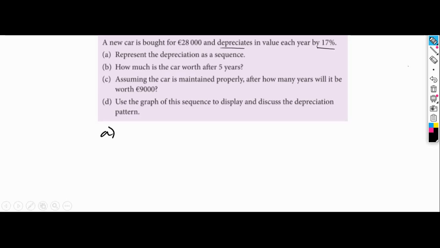Okay, so here we have to be careful because we have to use the formula for compound interest. And we could say that the value in terms of N for this car is going to be equal to 28,000 times 1, but this time we won't do plus, we'll do minus, right? Because here the percentage is being lost. So this is 17%, and then this to the power of N, which in this case represents the term of the sequence, which is in years.